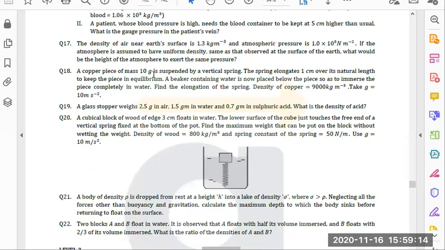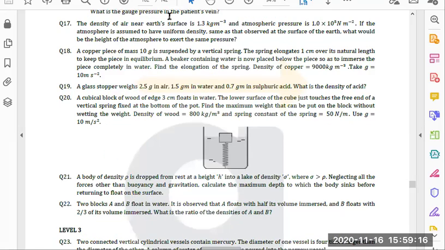Now, 19. A glass stopper weighs 2.5 gram in air, 1.5 gram in water, and 0.7 gram in sulfuric acid. Right? Makes sense, na? So this is just because of buoyancy, right? Yes or no?